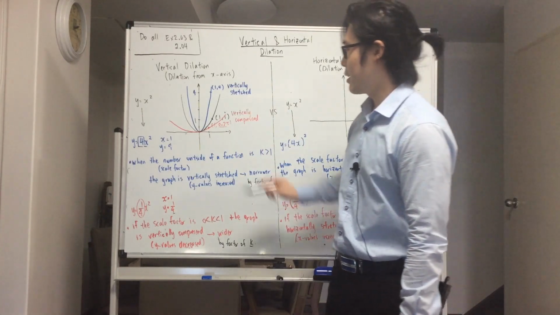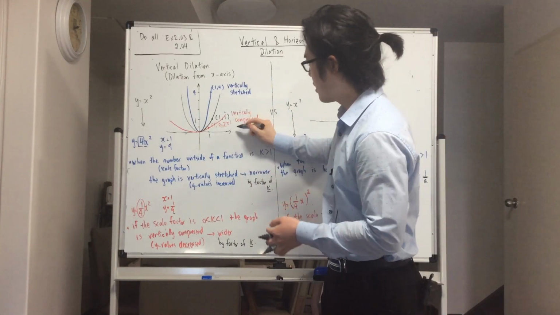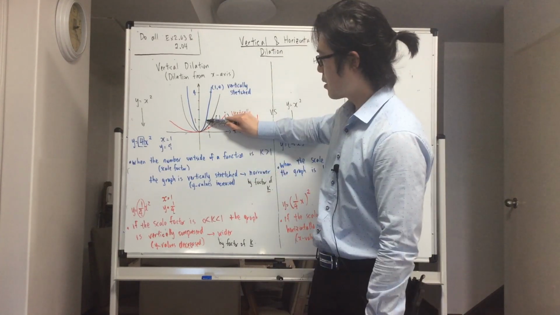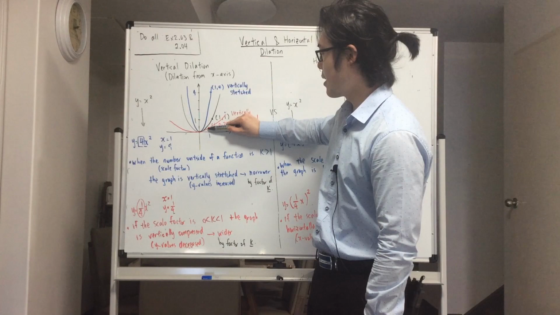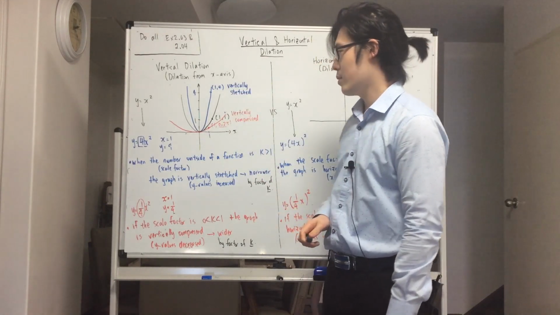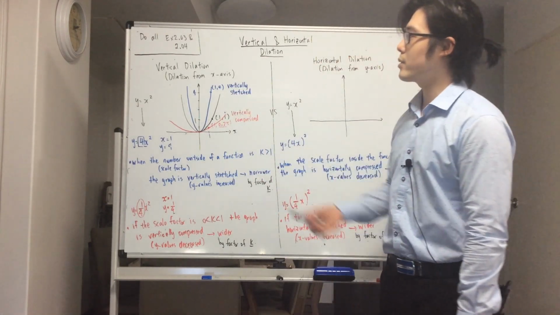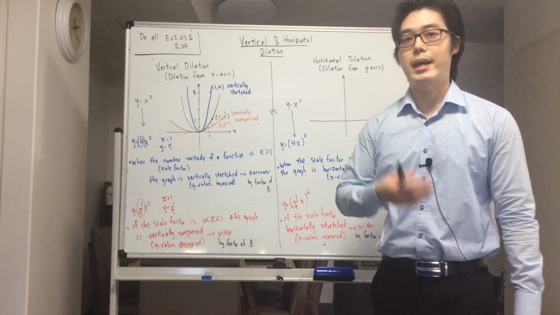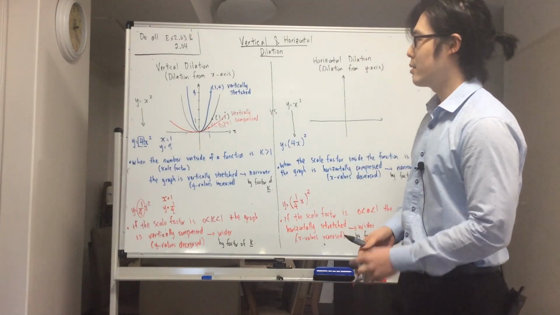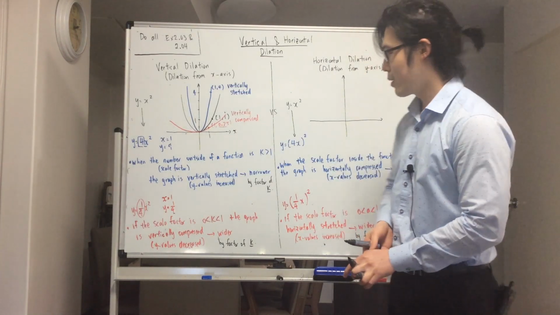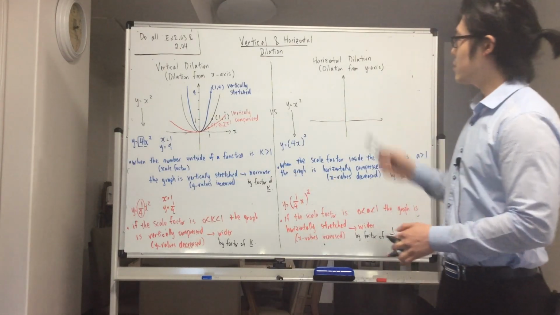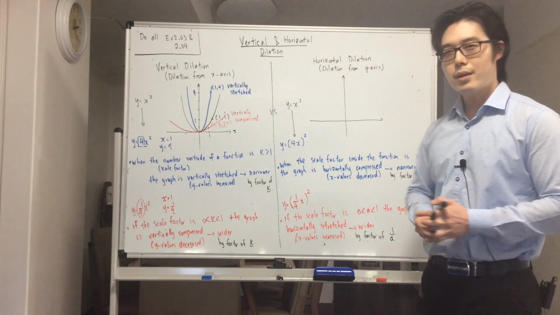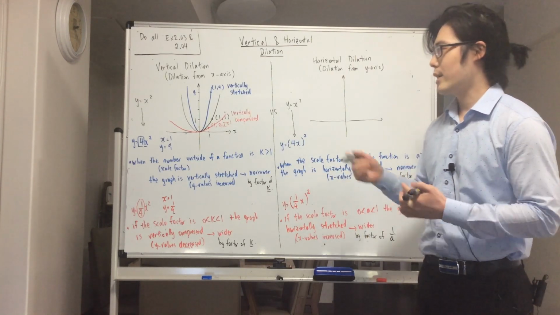Because as you can see, from the x-axis, the blue parabola is a lot further from the x-axis than the red parabola, okay? So any vertical dilation, it's called dilation from the x-axis, not y-axis, okay? So don't be confused, all right? Now, horizontal dilation though, it can be a bit confusing when we compare it to vertical dilation, so I do want to make this clear.